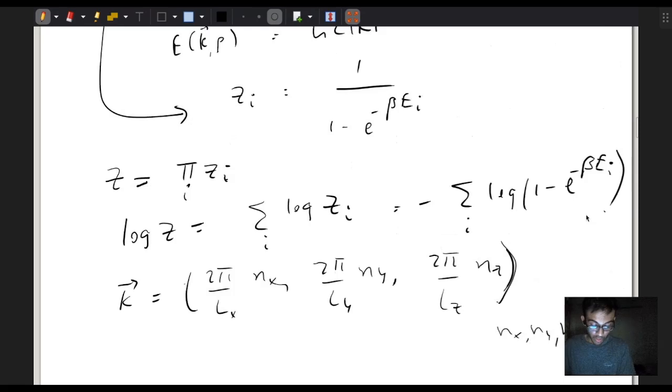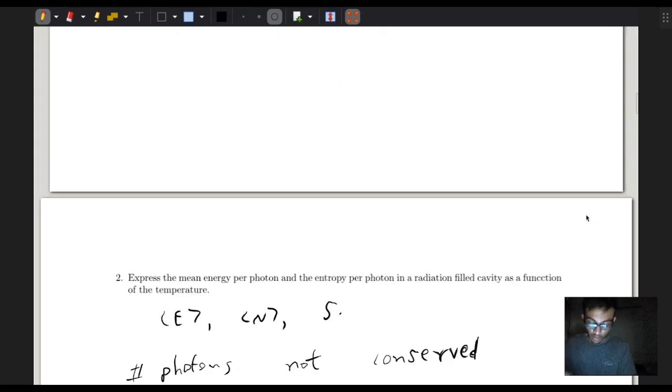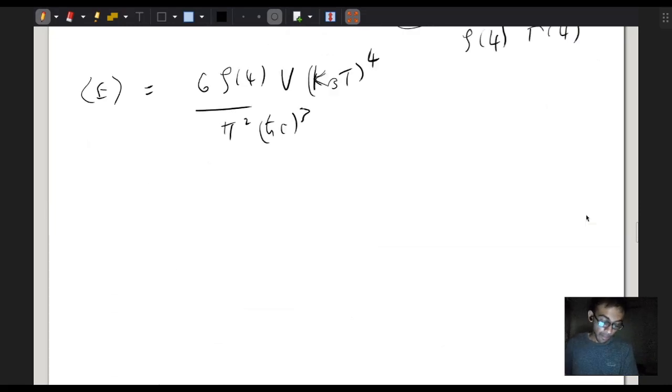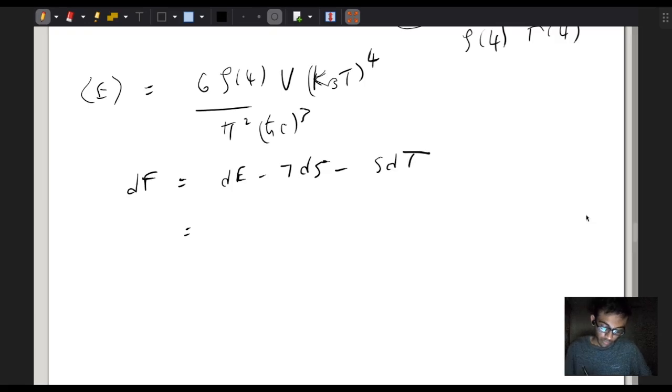We also have to calculate the entropy. We have calculated the free energy, so we can calculate entropy from that. If you look at the differential of free energy, it is minus S dT minus P dV.